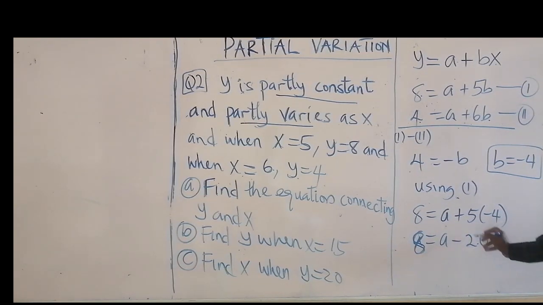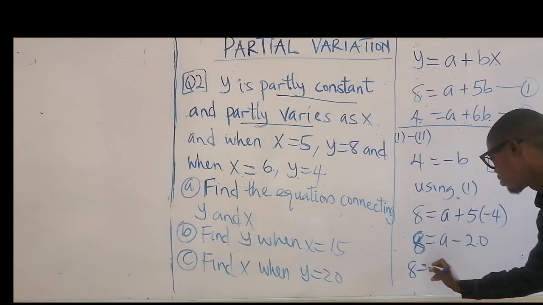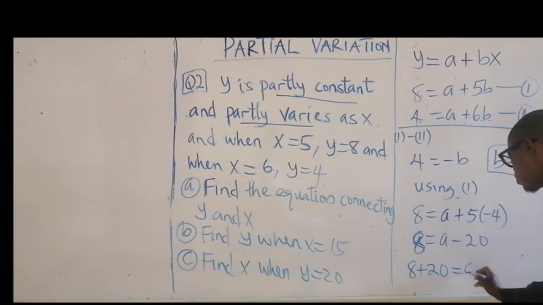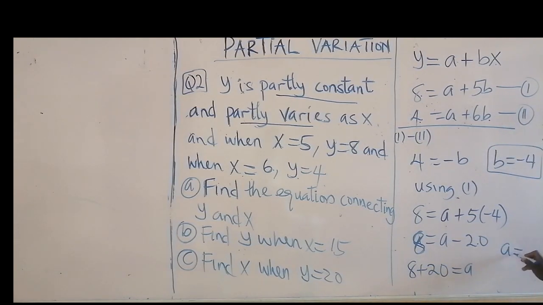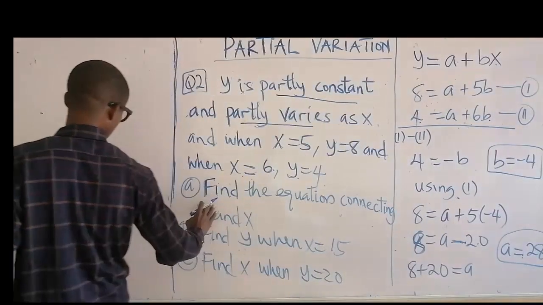So you can move this minus 20 to the other side. That will be 8 plus 20 equal to a. So a is 28. When you move a minus sign over an equal sign, it becomes positive. So that's that. Then we can go back now to the first question.